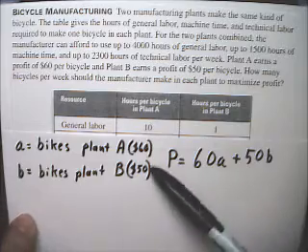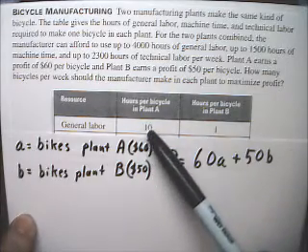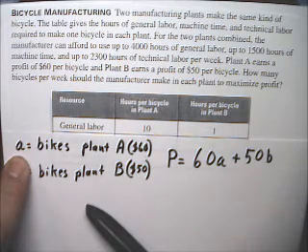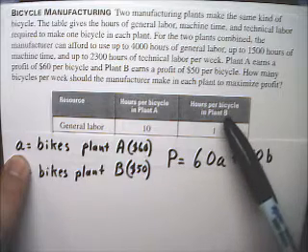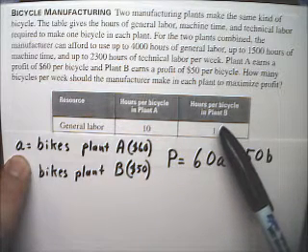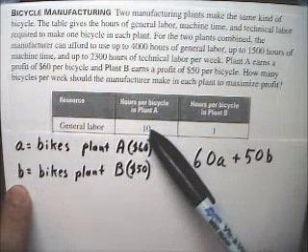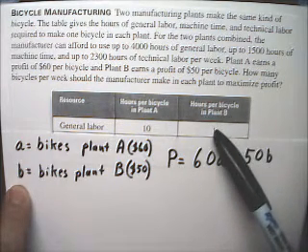And here, general labor, it's 10 hours per bicycle in plant A. Well, lowercase a is the number of bikes from plant A. B is the number of bikes in plant B. So it's going to be A times 10, B times 1.